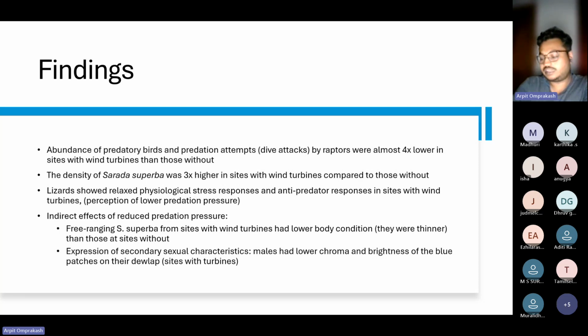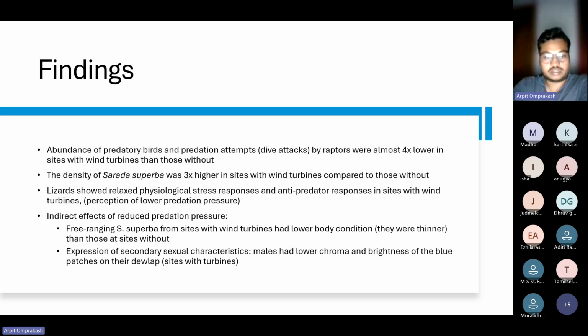However, interestingly, they also found a few indirect effects that might not be positive for the lizard population. What they found is that these fan-throated lizards from sites which had wind turbines had a lower body condition.